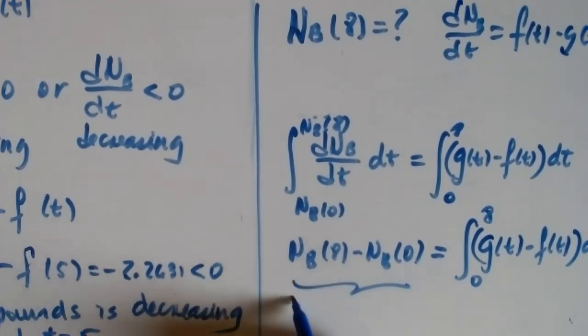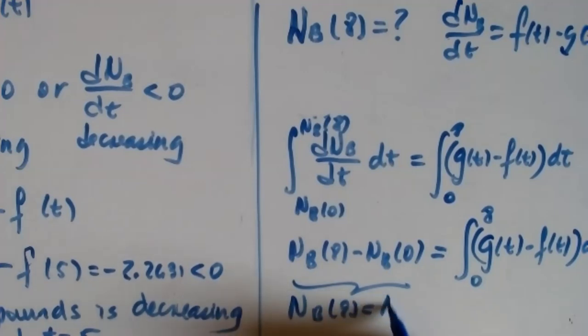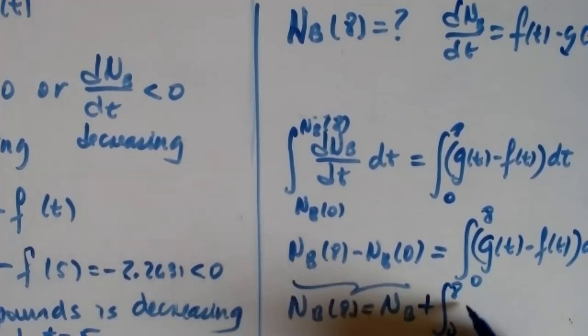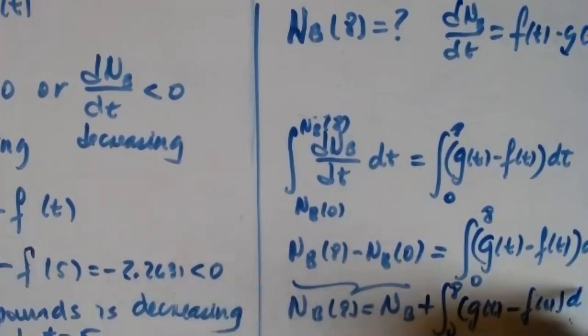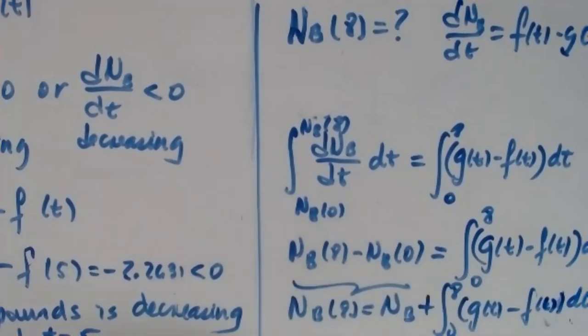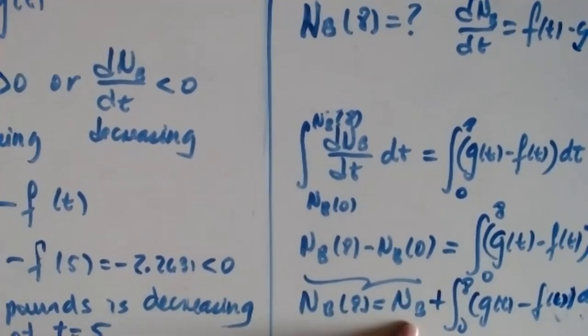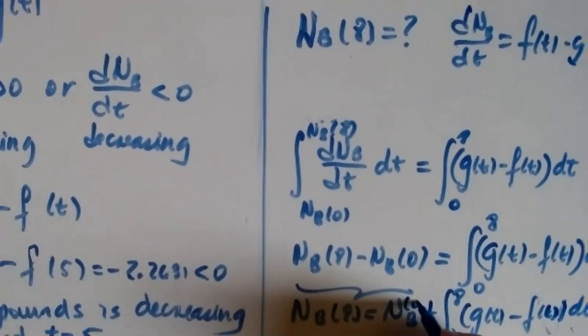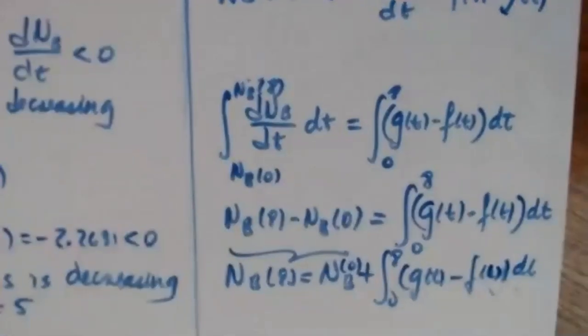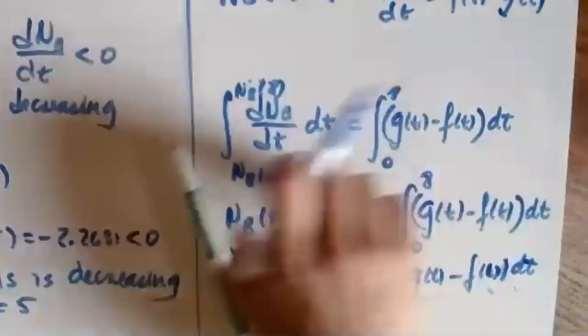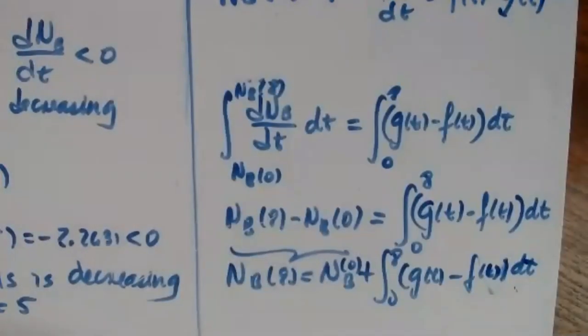Well, this is N_B of 8 equals N_B of 0 plus the integral from 0 to 8 of g of t minus f of t dt. This is the number of bananas at time 8. This is the number of bananas at 0, right? Correct.